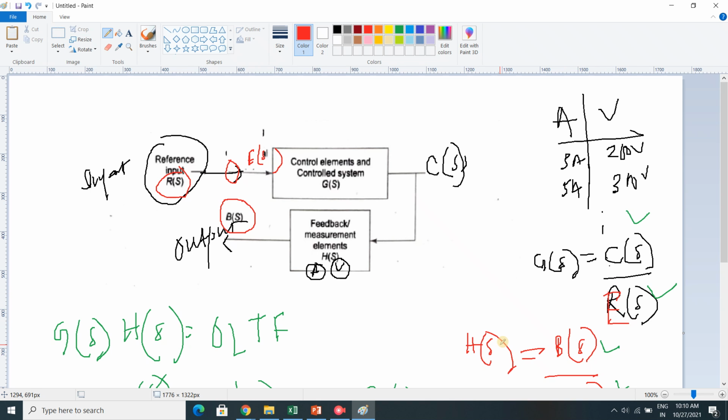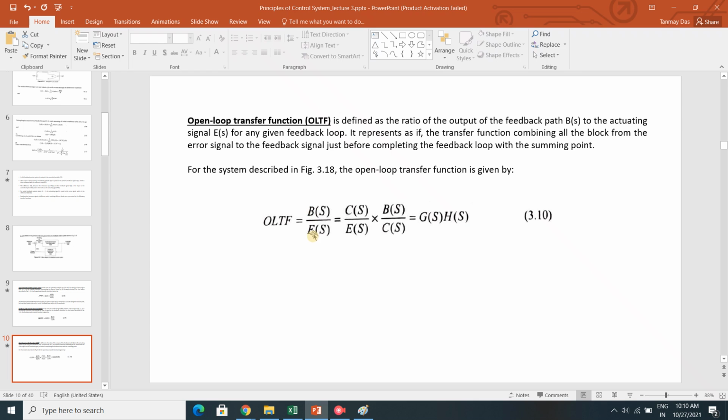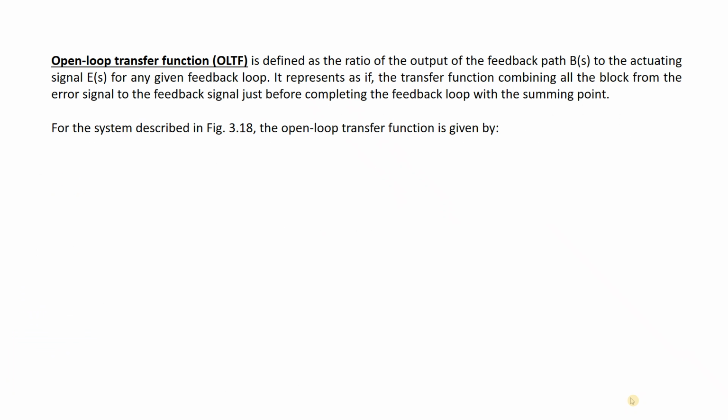Then G(s) will become C(s)/E(s), because whatever signal is entering G(s) will be the input signal. So that is what is written as B(s)/E(s), which is equal to G(s) into H(s).